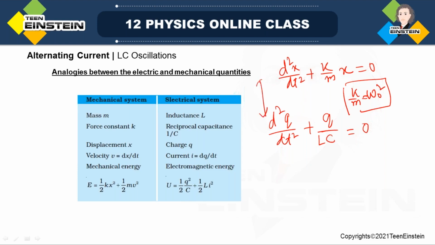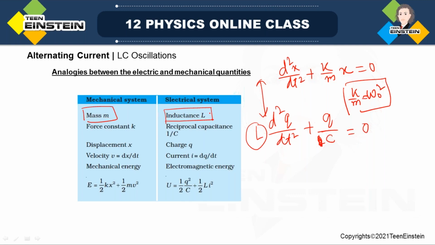Now if we compare these two equations, we will get to know some electrical analog quantities. So the mass is analogous to, in the mechanical system, what is mass is inductance, self inductance in the case of an electrical circuit. Because it was here L d2q by dt square. So this is acting as m.